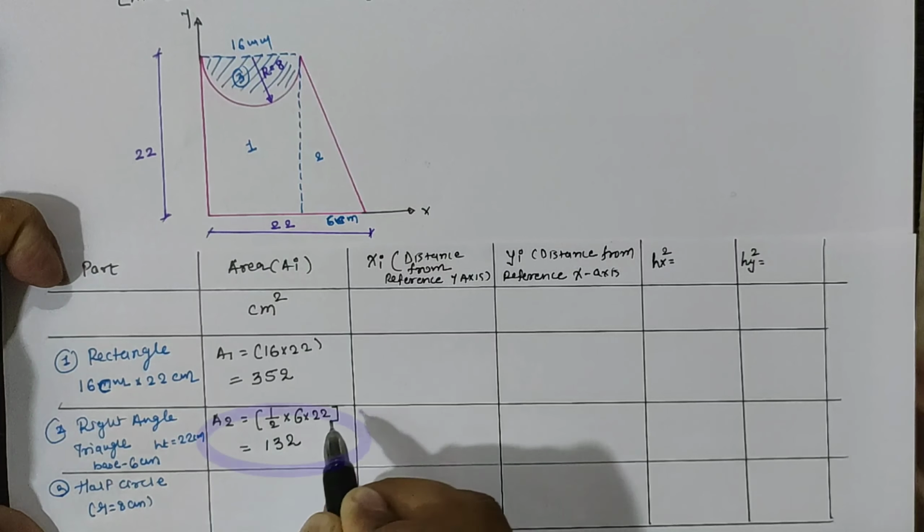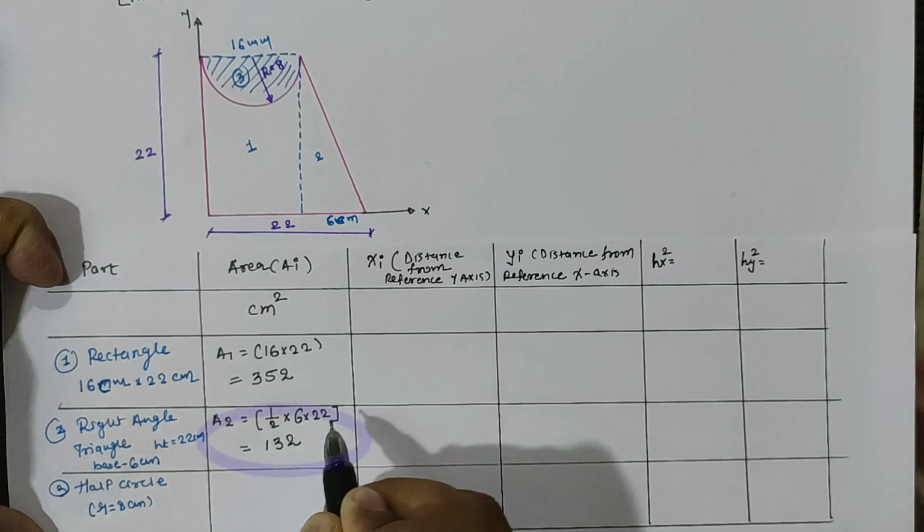The third part, a half circle, is removed from the first and second. Hence A3 is equal to, for a full circle the area is pi r square, so for a half circle the area is pi by 2 r square, where r is equal to 8 centimeter, hence the total area is 100.48 centimeter square, which is removed from A1 and A2.